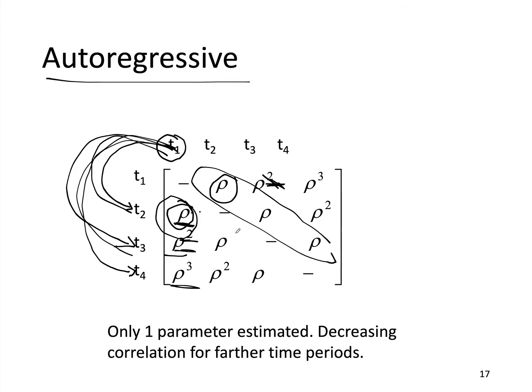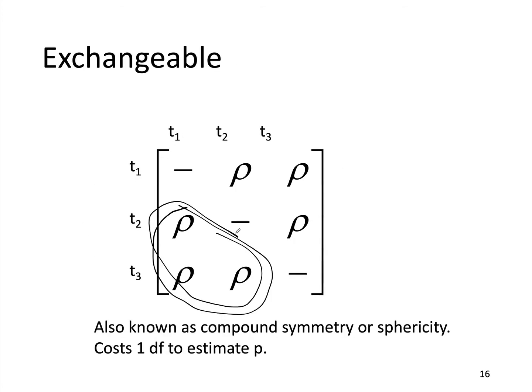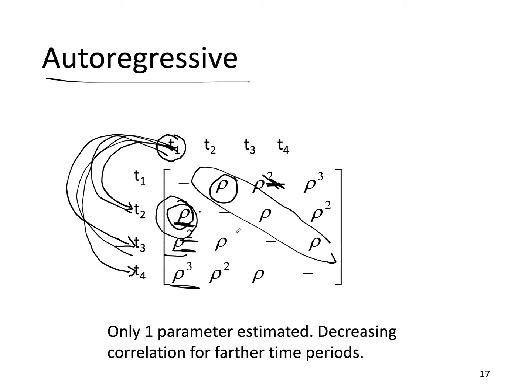The 2 I really like are exchangeable and autoregressive. The 2 I use most often are exchangeable and autoregressive, because they're generally most applicable. If I have people measured in time, it's pretty reasonable to assume that the relationship decays over time. It's a pretty simple one, and it doesn't take up a whole lot of parameters.